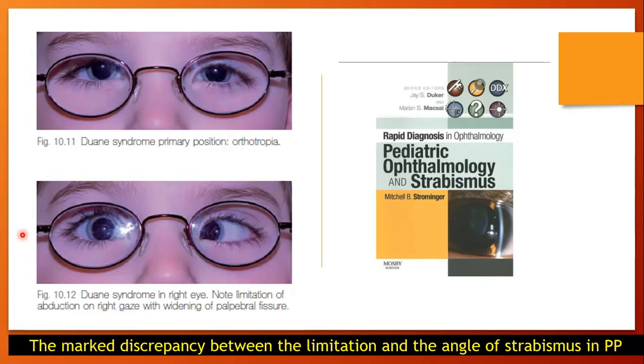And by the way, if you cover the left eye to check for duction, in version testing both eyes are open, but in duction testing, you cover one eye. So if we cover the left eye and you are holding the target on the right side, still the eye can't move. So all the findings in Duane will not change on duction testing. If you cover the other eye, the limitation is still there.